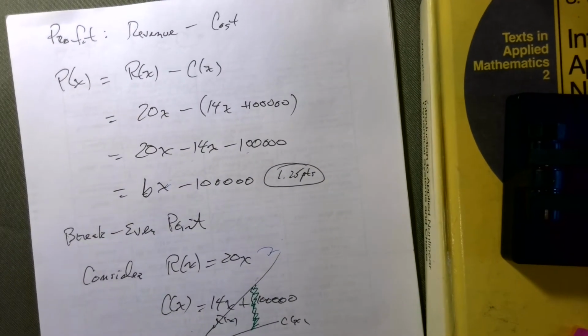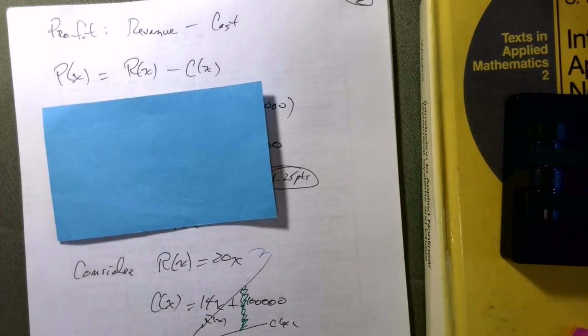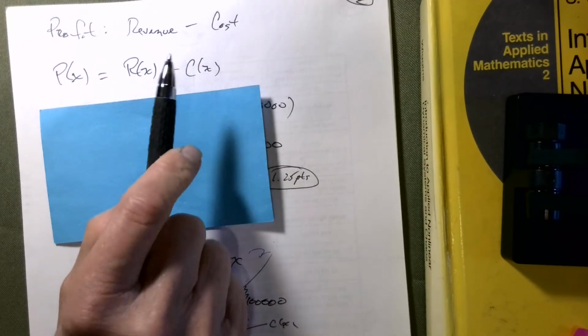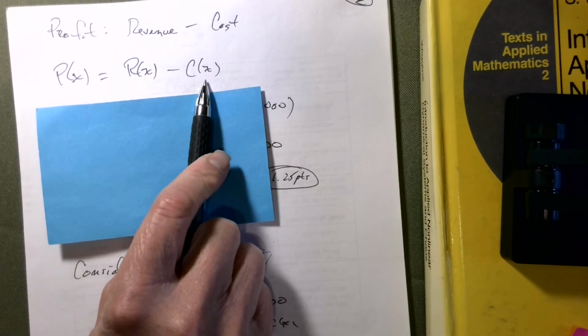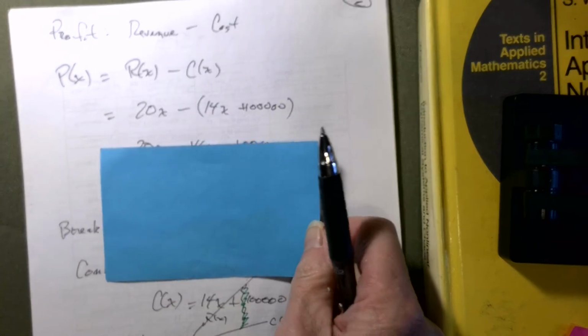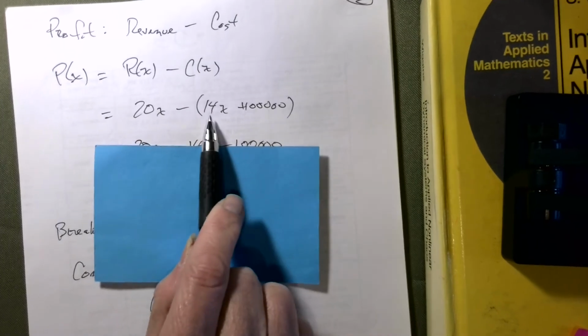Now, how do you calculate profit? Well, it's how much you take in minus how much you have to pay. So what you're doing is taking the revenue function and subtracting off the cost function. Now, this is a common mistake students make. You have to negate the entire cost function.